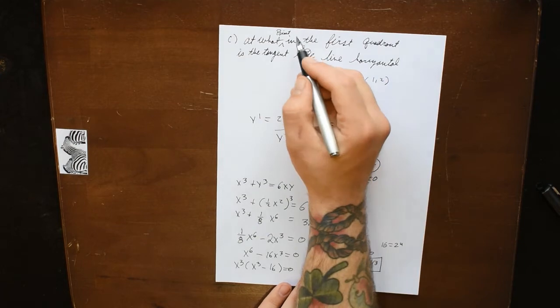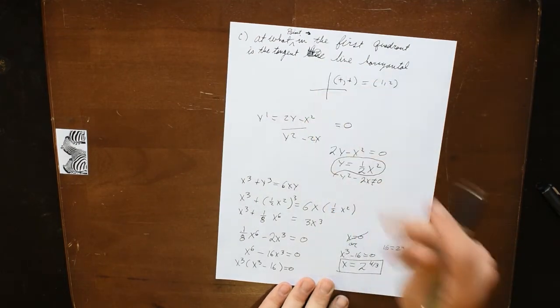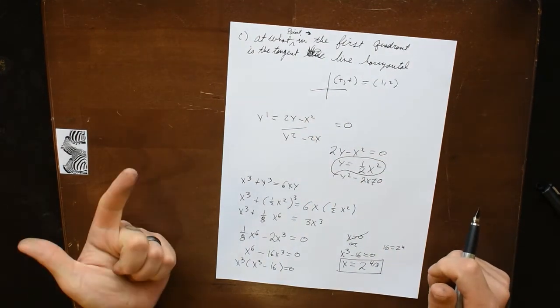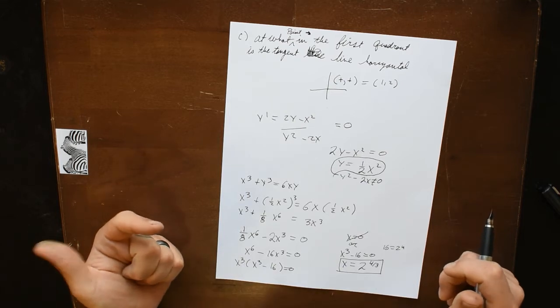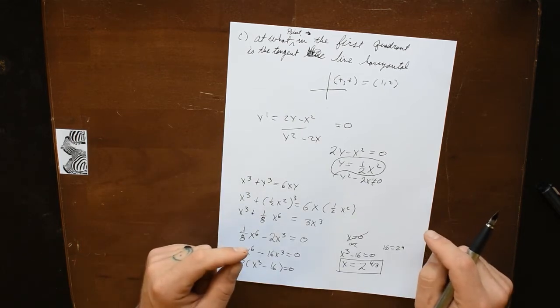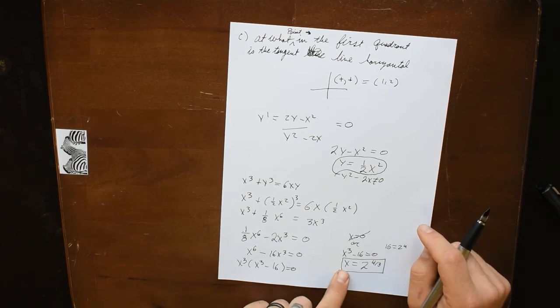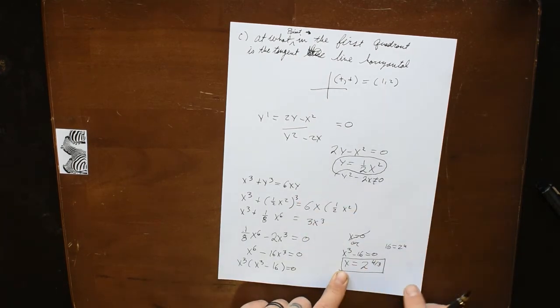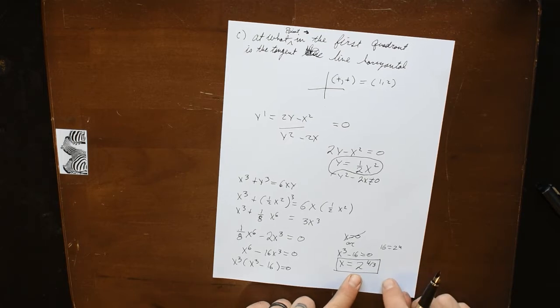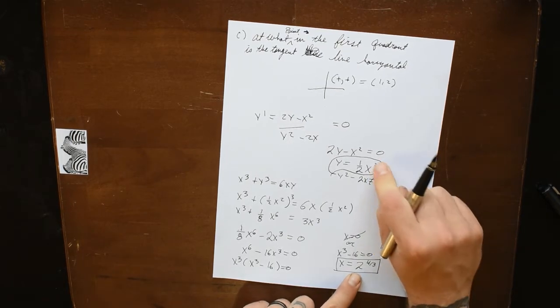But we're looking for a point. Points have an x coordinate and a y coordinate. So, two things to remember. You can either plug x into the original, or you can plug this value of x into this equation.